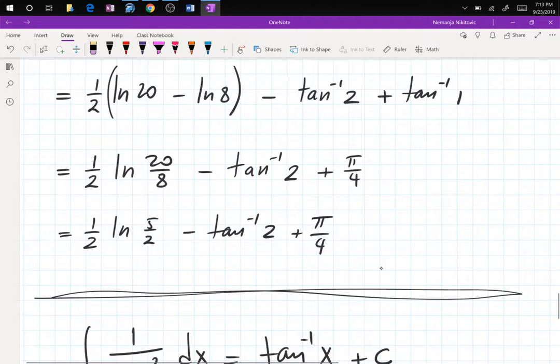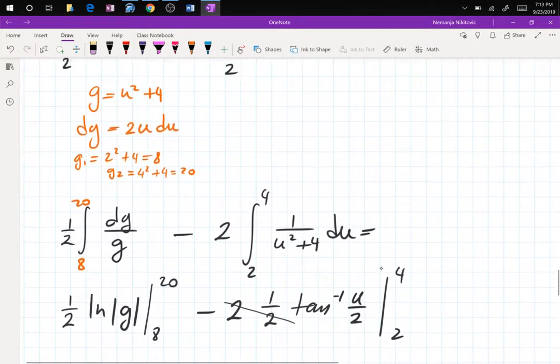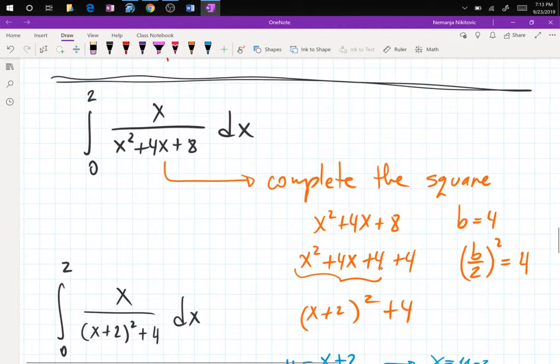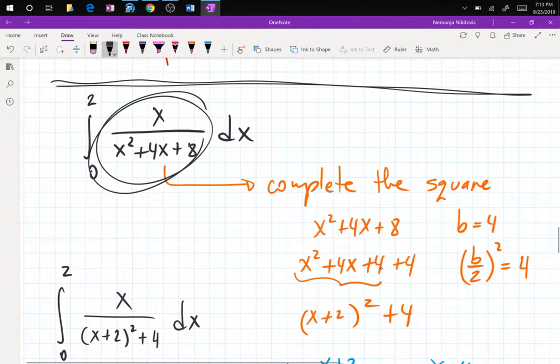When we do partial fraction decomposition, we're going to use algebra to split problems that look like this into multiple fractions, and then some of them will be u sub into ln, some of them will be inverse tangent, and maybe you have 1 over x squared, which would be a basic x to the n integral.